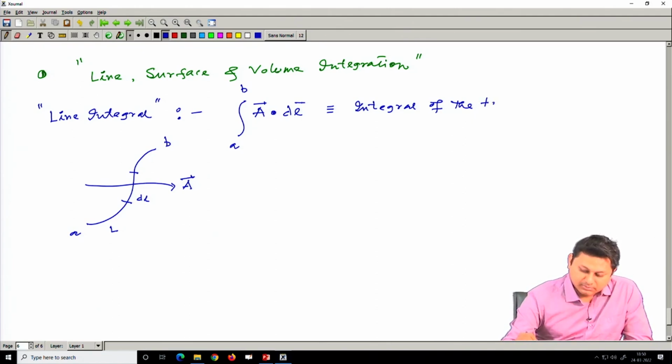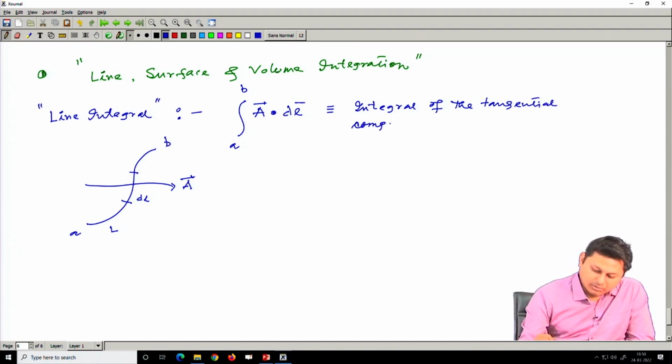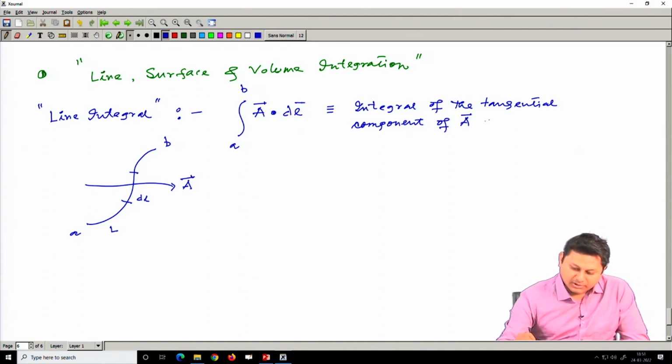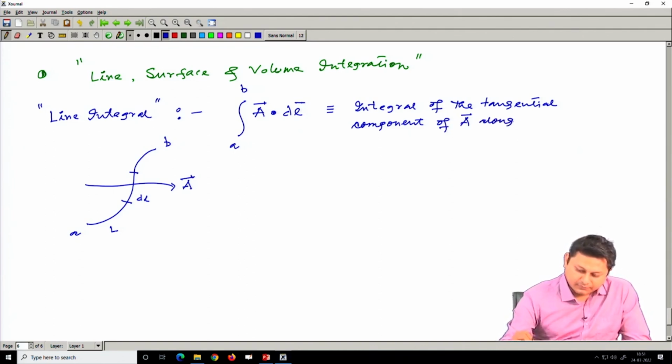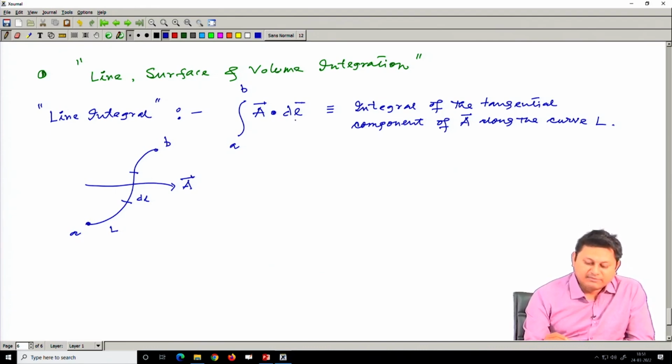I have a curve, this is my initial and final point, and I am making a line integral, and the line integral is defined as A dot dl.